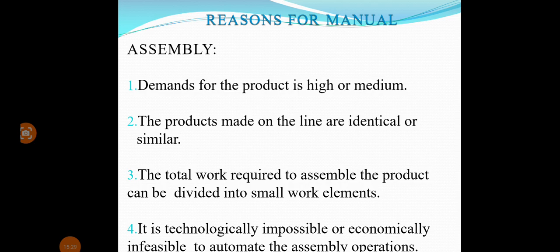That concept is available in manual workstations. And the total work required to assemble the product can be divided into small work elements. It is technologically impossible or economically infeasible to automate the assembly operations.